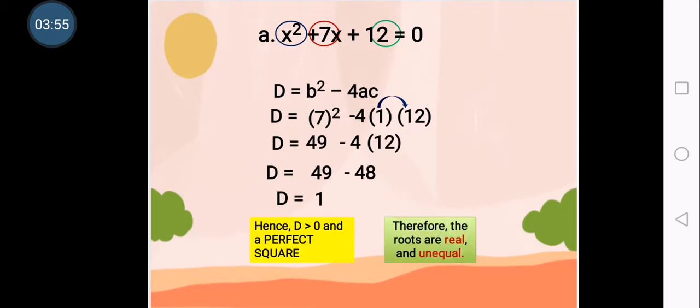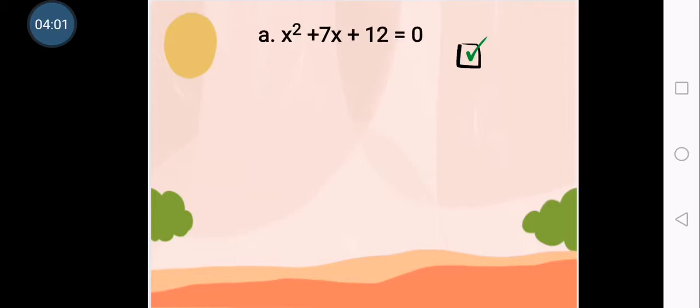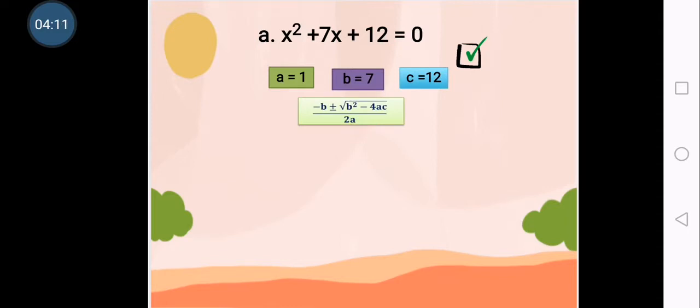Ayan po. Tingnan natin kung mapapatunayan ba natin na real ba siya and unequal. So, gagamitin po natin yung formula ng quadratic equation, which is negative b plus minus the square root of the discriminant over 2a.